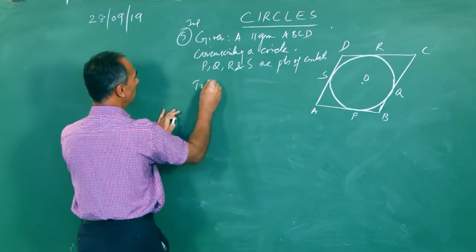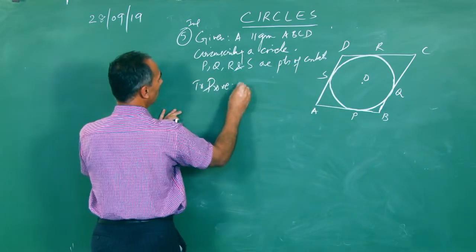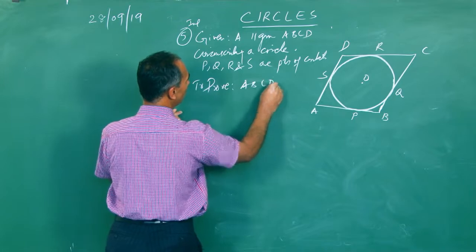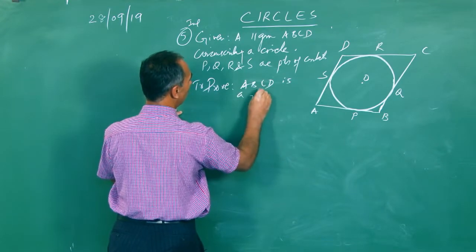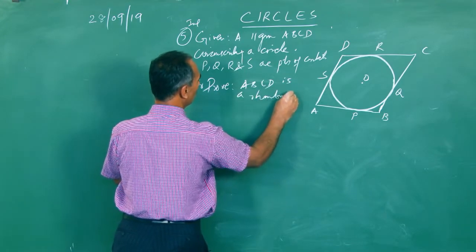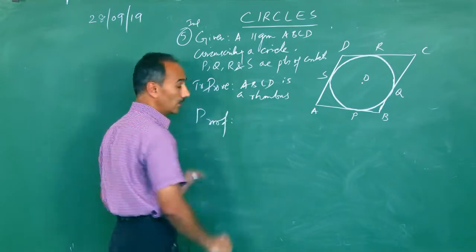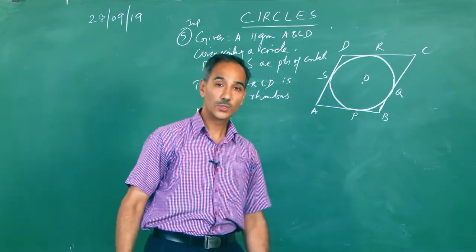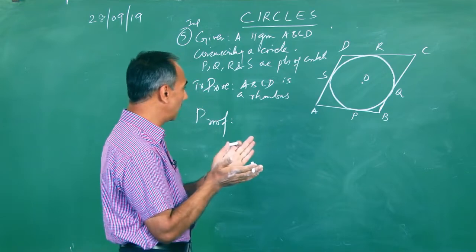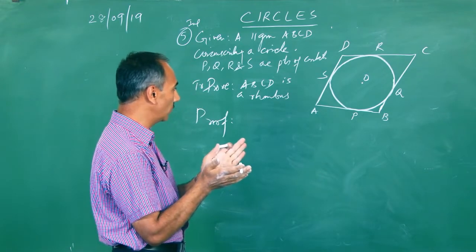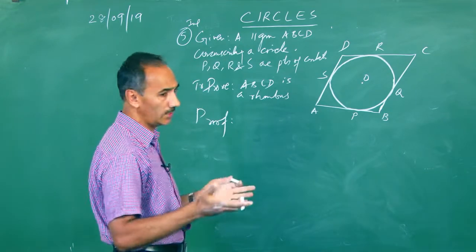So what do we have to prove? You have to prove ABCD, which is already a parallelogram, is a rhombus. So what would you focus on? You will focus on making AB equal to AD or AB equal to BC, any two adjacent sides.